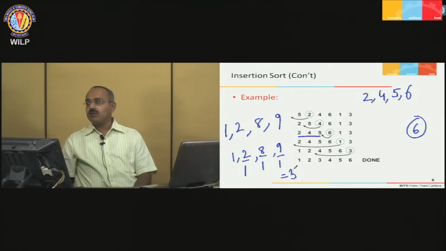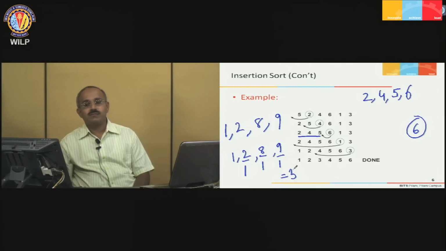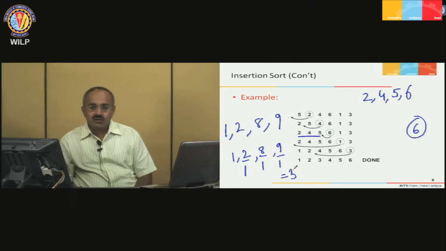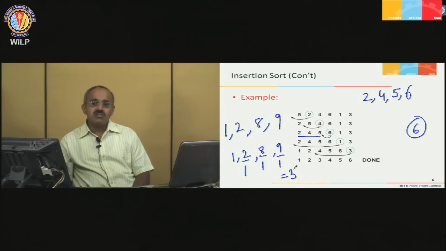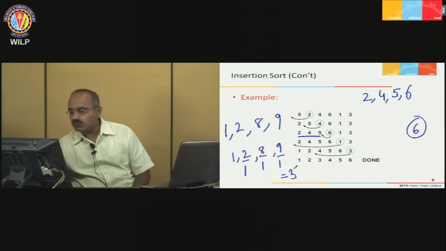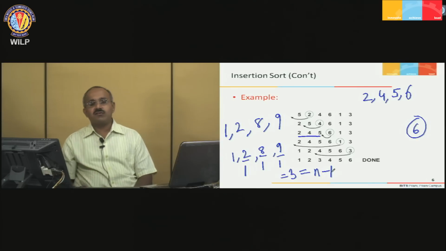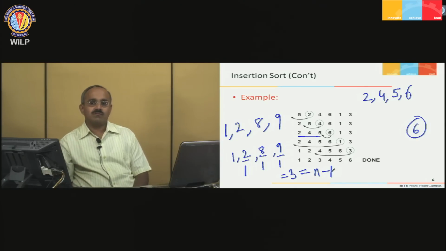So, if n is the number of elements in your sequence and you are trying to insert n minus 1 elements, for each element the best case is that its position can be decided with only one comparison. If n is the number of elements, which is 4, then this is n minus 1, and this is the best case of your algorithm.